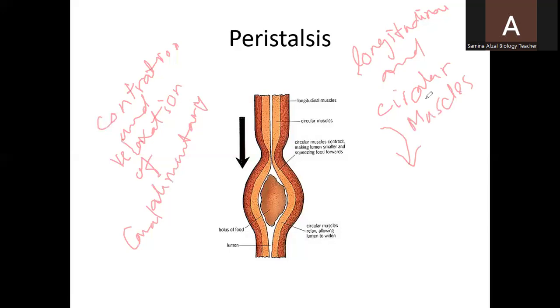So you can say these two types of muscles are longitudinal muscles and circular muscles.